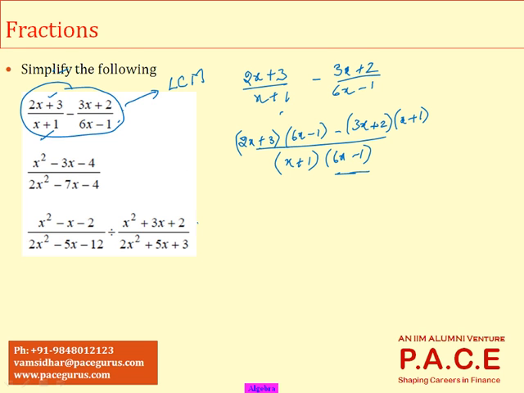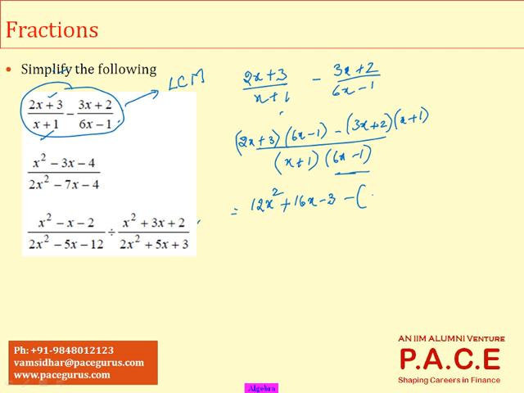Now what is happening to your numerator here? 2x into 6x, it's a simple simplification. I hope you are comfortable with this simplification process. 12x squared plus 18x minus 2x, which is plus 16x minus 3. This is the first expansion.